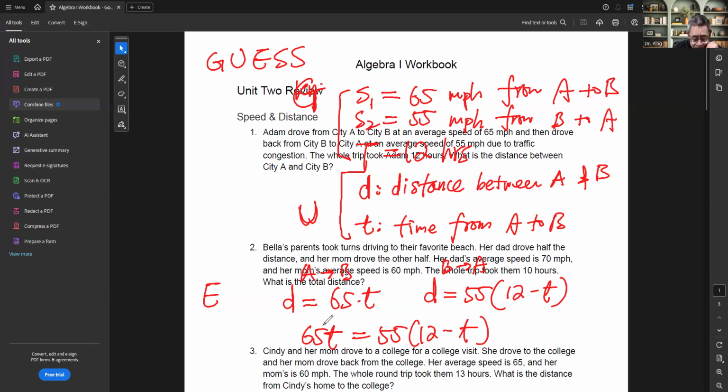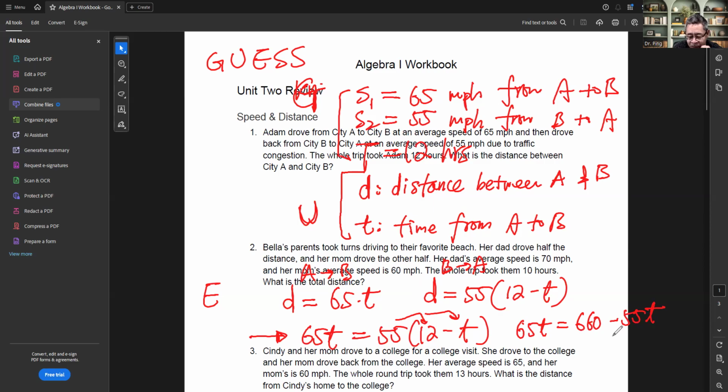Normally, when my students are able to come to here, solving that actually becomes pretty straightforward. And just like we did early on, we're going to distribute that. Then we got 65t equals 660 minus 55t.